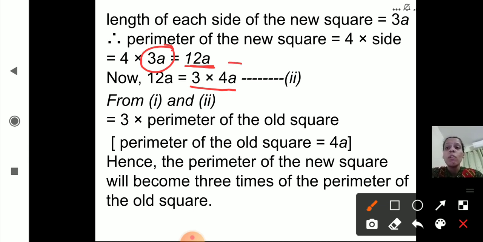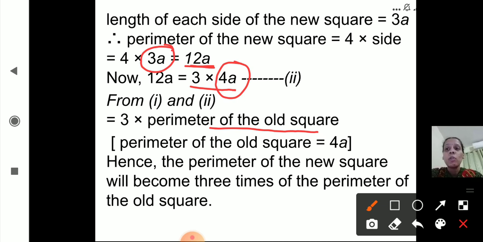Now we know 4A, from 1 and 2. 4A is the perimeter of the old square, right? In the first part we have seen the perimeter of the old square is equal to 4A. So 3 multiplied by 4A, where 4A is the perimeter of the old square.